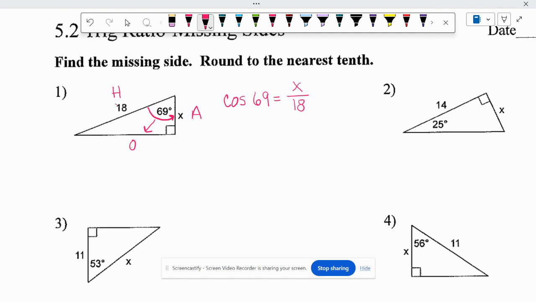What do we need to do to get x all by itself? Yep, we're going to multiply both sides by 18. So when I do that, I have 18 times the cosine of 69 equals x. We have to put that into our calculator.